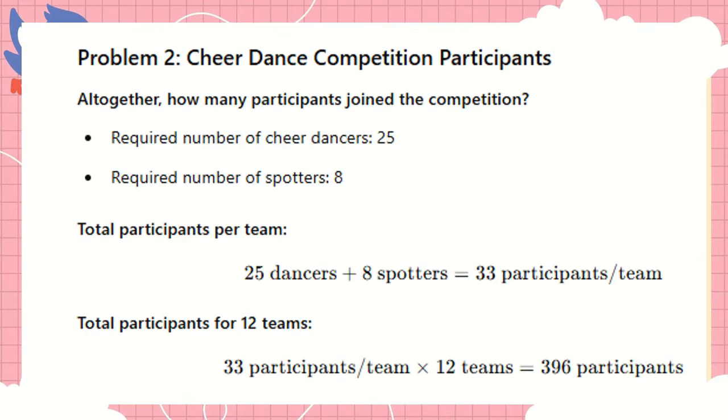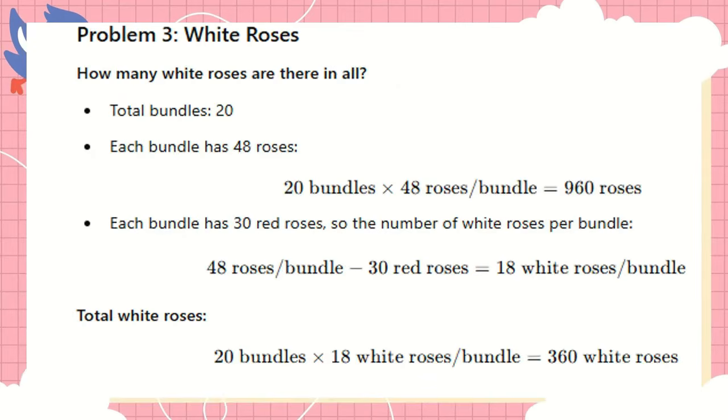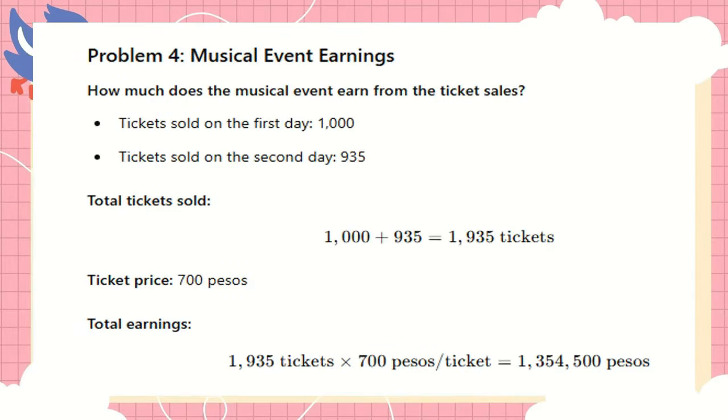Very good. 396 participants joined the competition. Number 3, how many white roses are there in all? You're right. We have 360 white roses. How much does the musical event earn from the ticket sales? Exactly. It's 1,354,500 pesos.